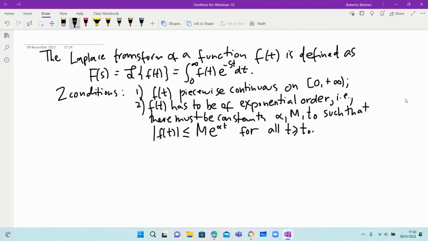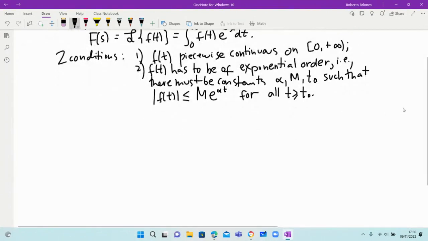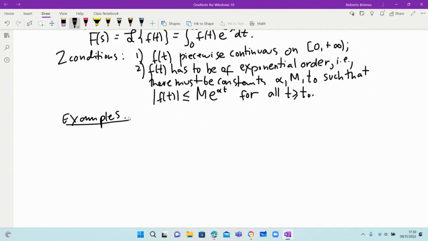Okay, so let's try to give some examples of how to compute the Laplace transforms of basic functions. Examples.